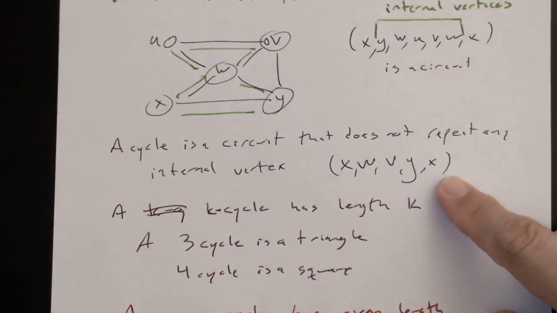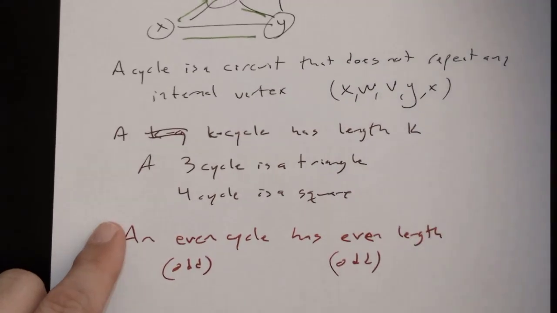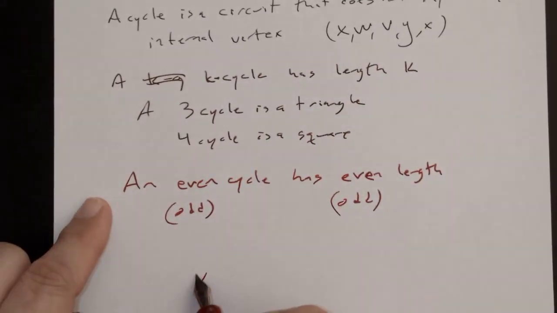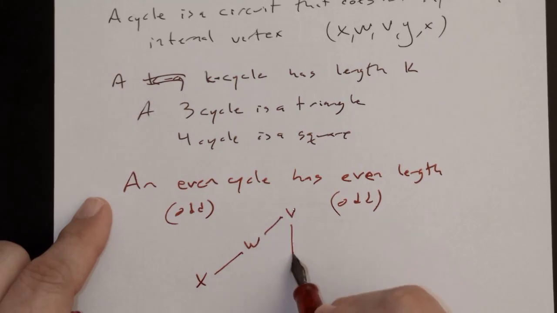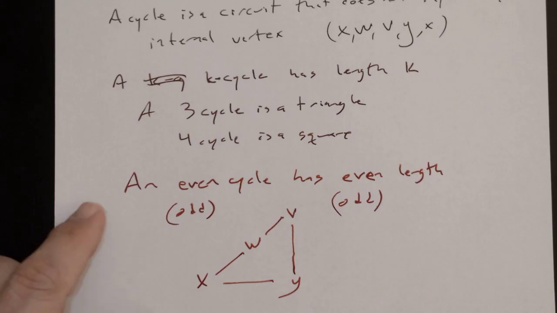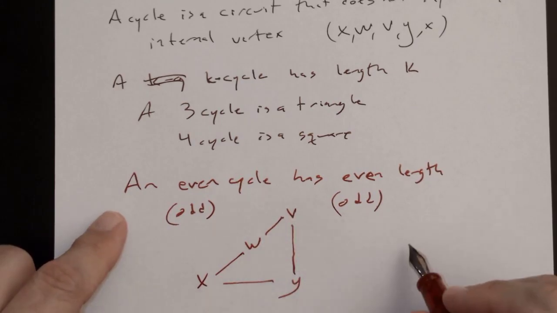If you only use this cycle, X, W, V, Y, X, it looked like that, right? You told me to throw away V, so I'm going to throw away V and I'm going to throw away the edges that were incident with it.